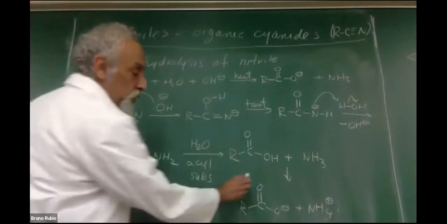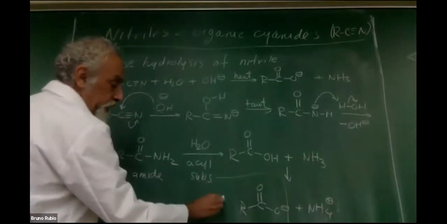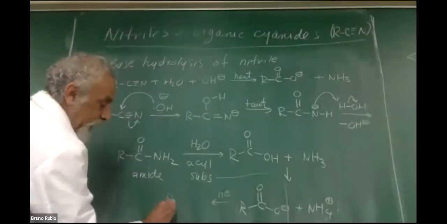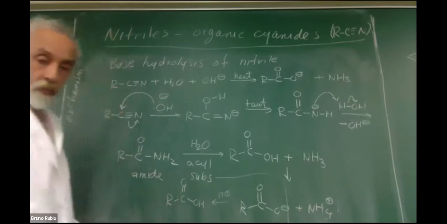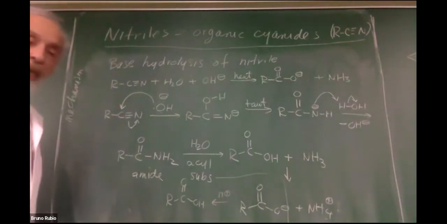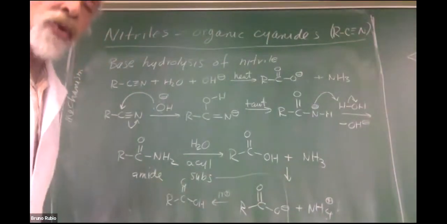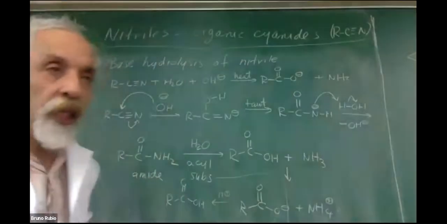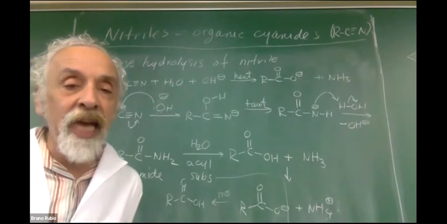Now, if we wanted the carboxylic acid and not this carboxylate, we could take this carboxylate and in a separate step, add acid to it, and that would generate the carboxylic acid. So the nitrile is actually a masked carboxylic acid.